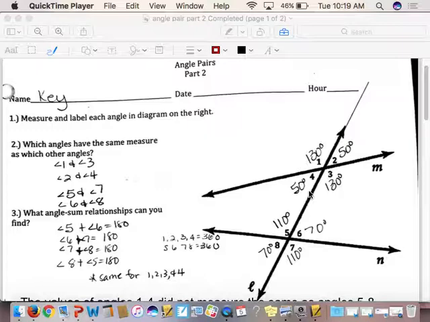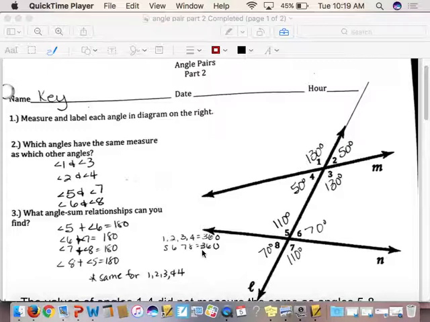However, I do want you to note that 1, 2, 3, and 4, those all sum 360 degrees. 5, 6, 7, and 8 must also sum 360 degrees. That might help you solve certain situations when we're solving for variables algebraically in the next couple of class periods.